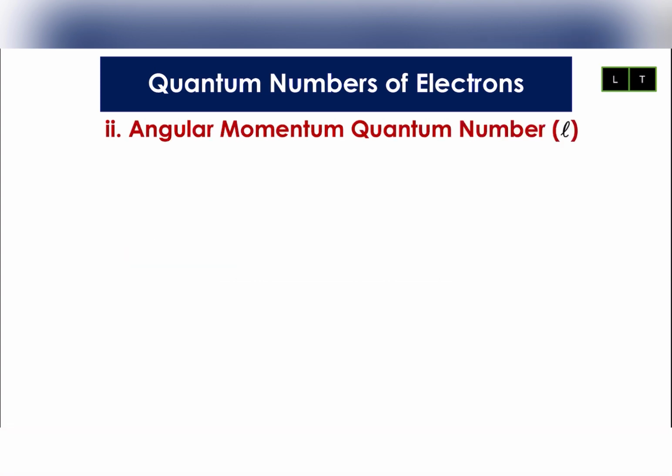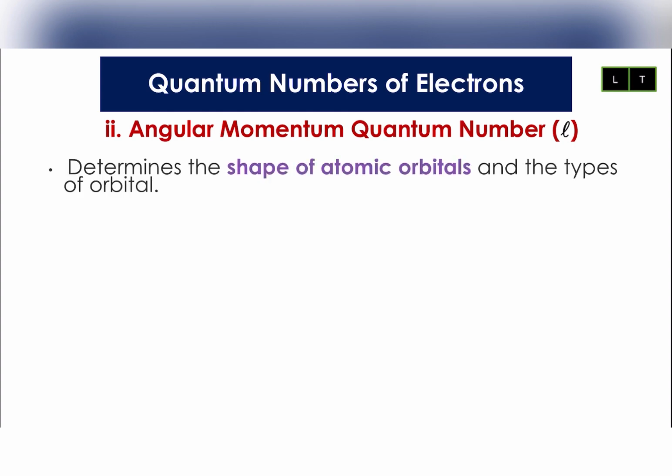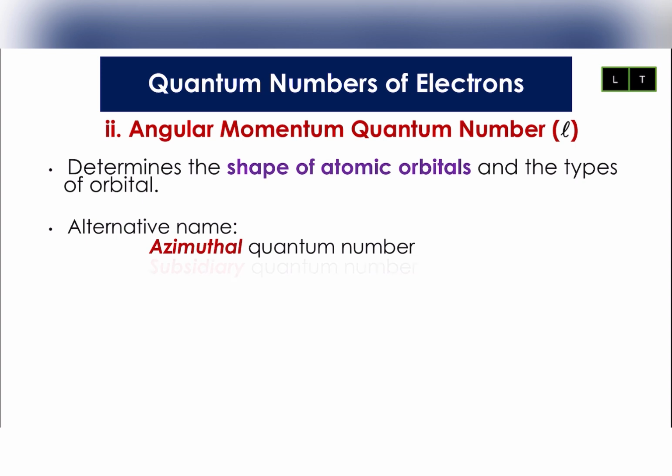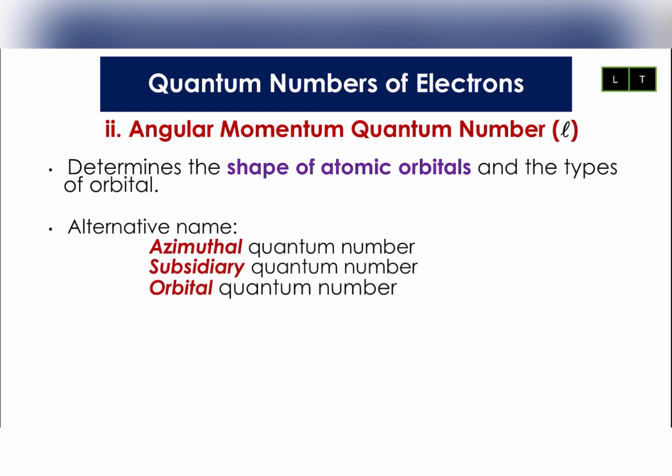Next, we are going to continue with the angular momentum quantum number, L. The purpose of L is to determine the shape of atomic orbitals and the types of orbital. The alternative names for the angular momentum quantum number are the azimuthal quantum number, subsidiary quantum number, and orbital quantum number.